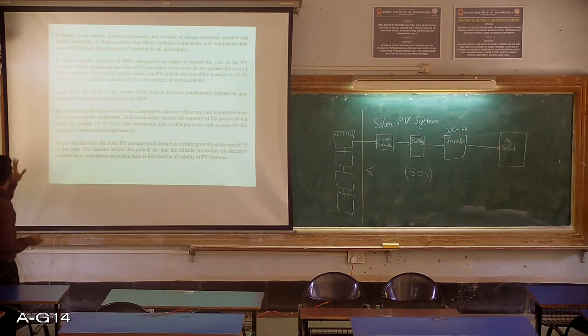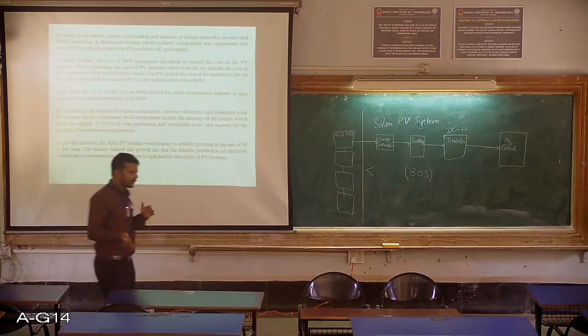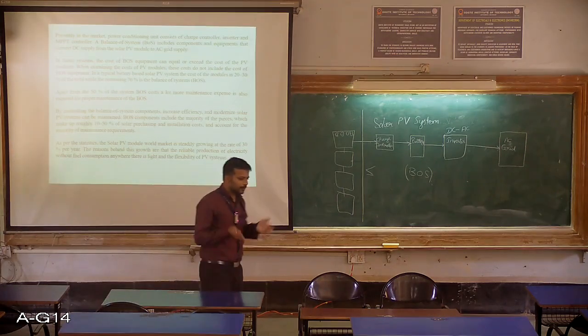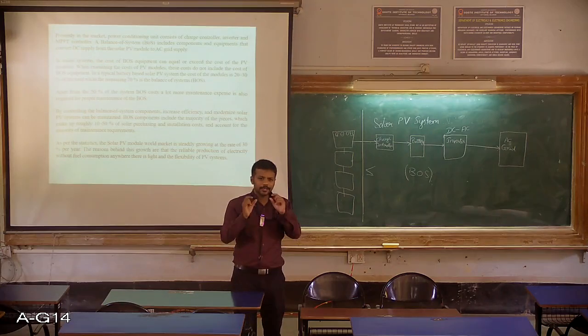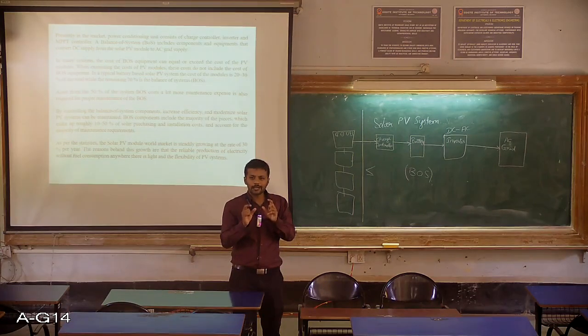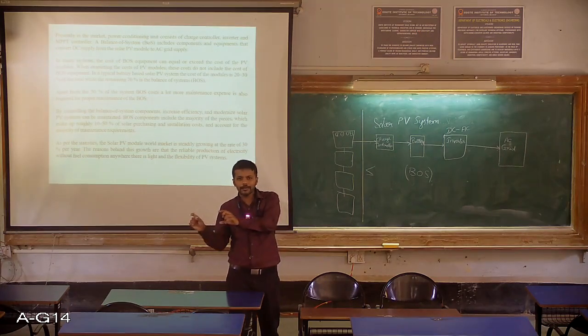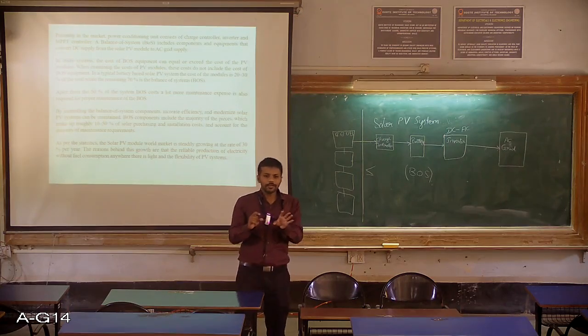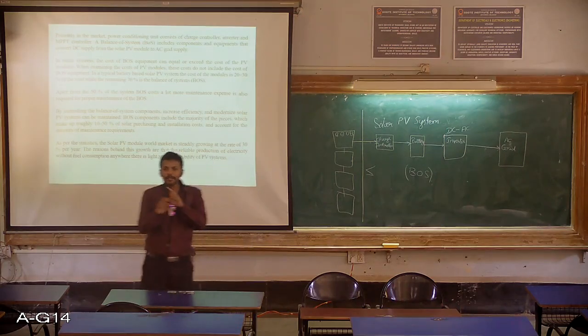So here, when examining the cost of the PV modules, these costs do not include the cost of the BOS equipment. Normally in the theories, whenever we start discussing or whenever you browse Google, they give only the cost of the solar PV modules, and the remaining cost normally they don't discuss, only the entire setup.